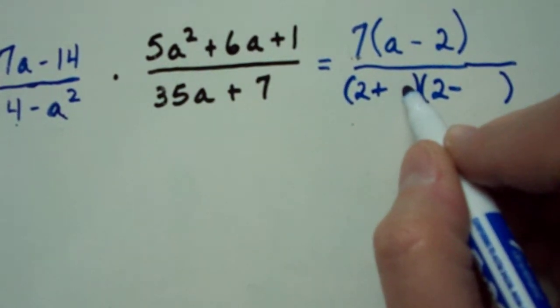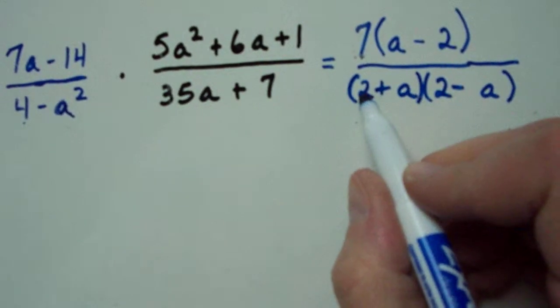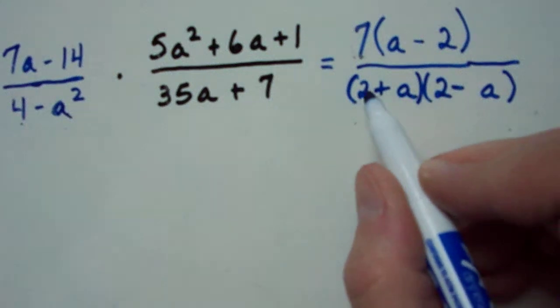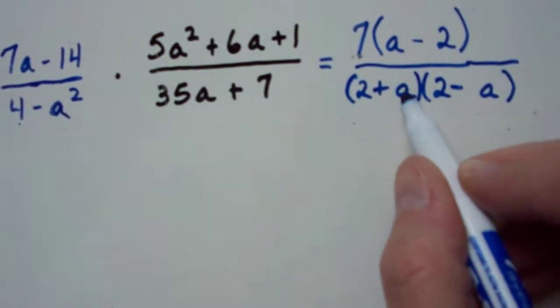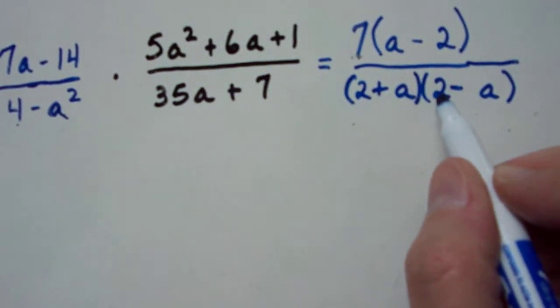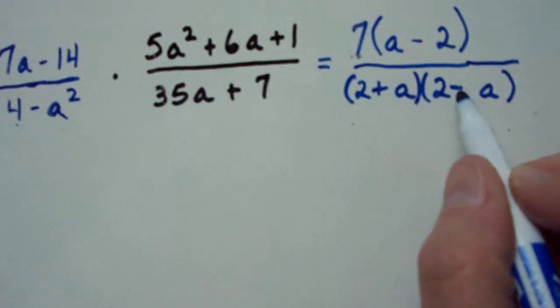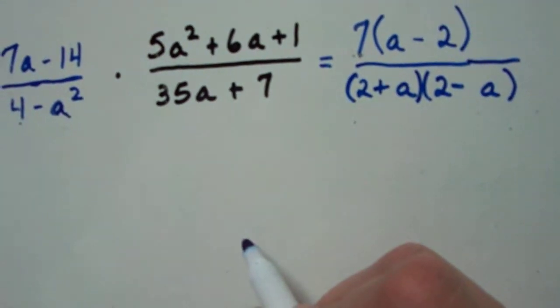And since you want a squared, it's going to be a. Let's look at this. First, 2 times 2 is 4. Outside, 2 times negative a is negative 2a. 2 times a is positive 2a. So those two cancel each other out.